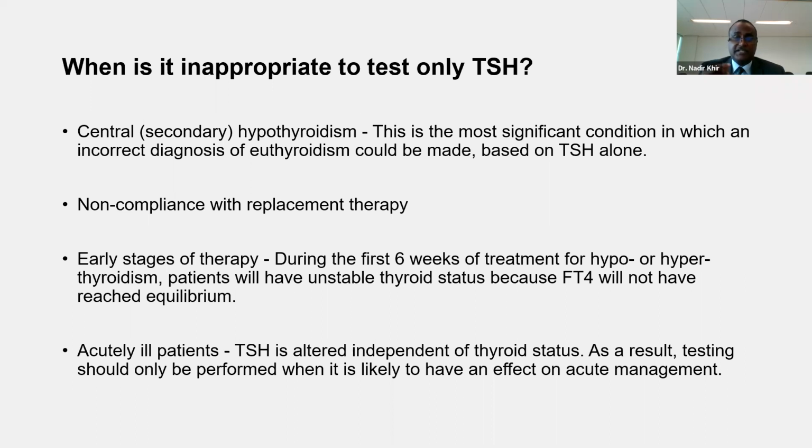Especially if the patient is very sick, the TSH can first be normal, then become abnormal and lower. This is independent of the thyroid status. We should delay or not do the TSH until the patient is out of the acutely ill state. We call this non-thyroidal illness, and we have another slide to talk specifically about that.